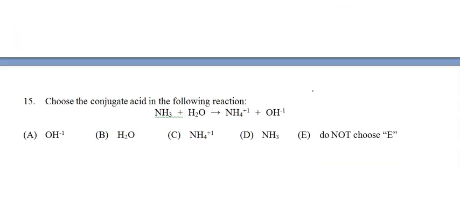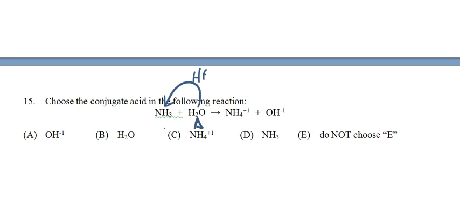15, choose the conjugate acid in the following reaction. Okay, well, let's identify them all. Don't worry about just the acid. Alright, so we need to look at the before and after. So here we've got 3, here we've got 4. So if we have 3 and 4 hydrogens, that's definitely what we have to key off of. So this is getting a hydrogen from somewhere.